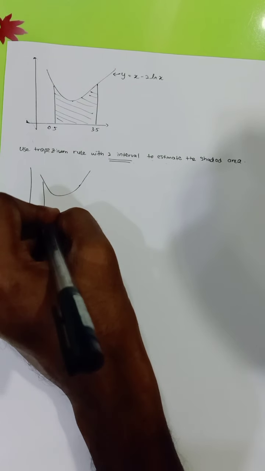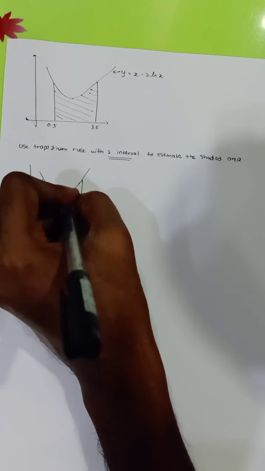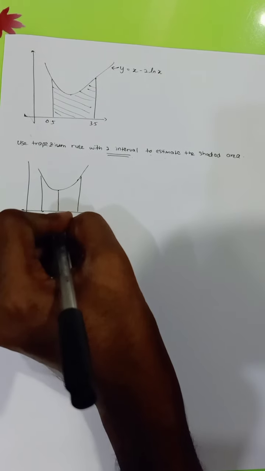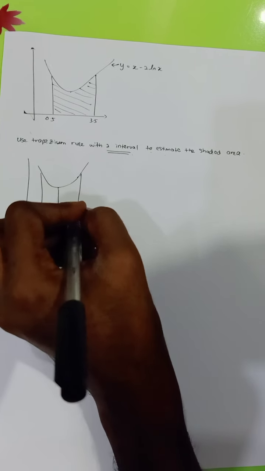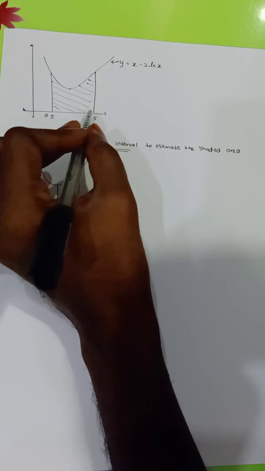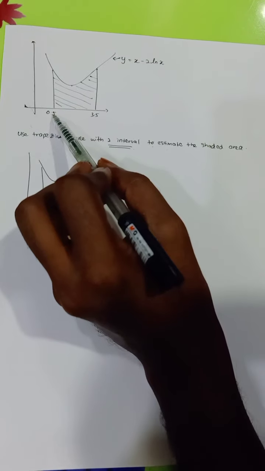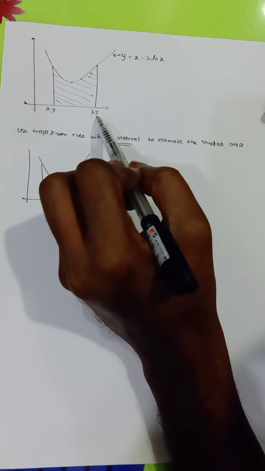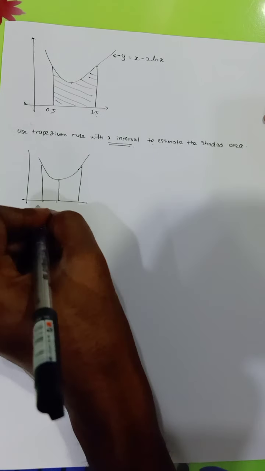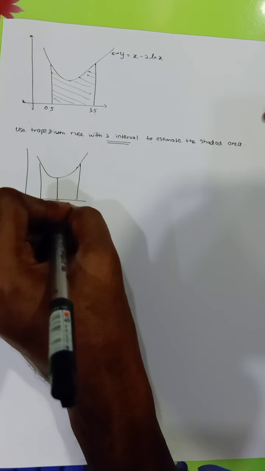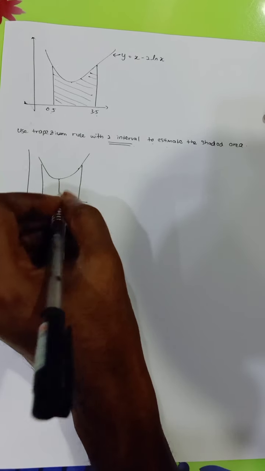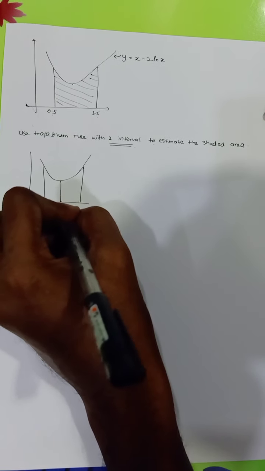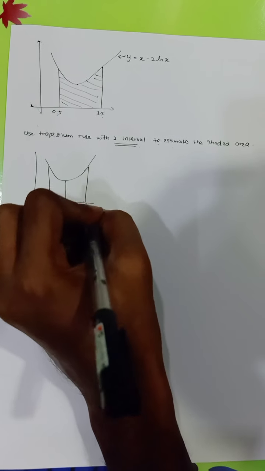Since they want only two intervals, I draw a line in between. This is my first interval and second interval. From 0.5 to 3.5 the total is 3, and dividing into 2 gives 1.5. So here will be 0.5, then 1.5 plus 0.5 is 2, and here will be 3.5.